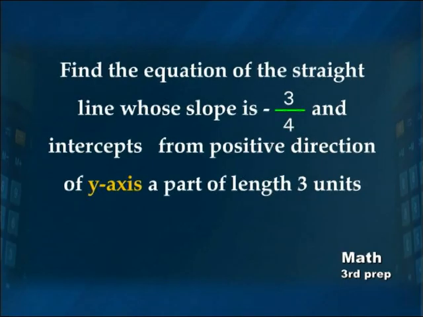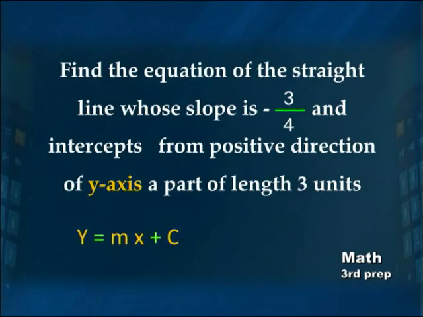Find the equation of the straight line whose slope is negative 3 over 4 and intercepts from the positive direction of the y-axis a part of length 3 units. Now, all of you know that the equation of the straight line, its rule is y equals mx plus c.